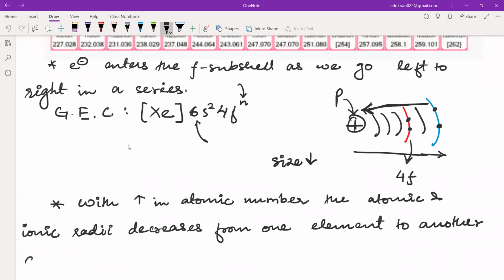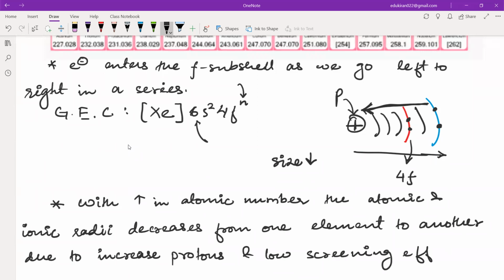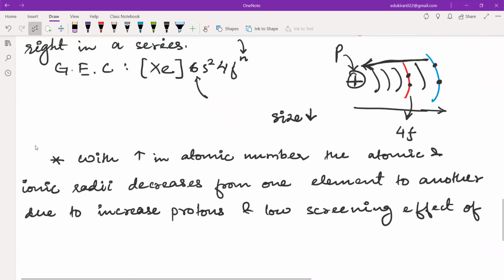Why is this happening? Due to increase in protons and low screening effect of the f subshell. This is known as the lanthanide contraction.